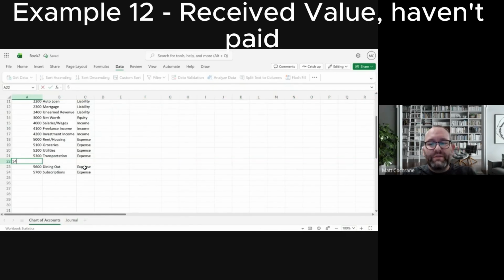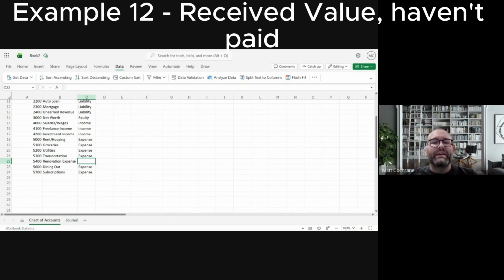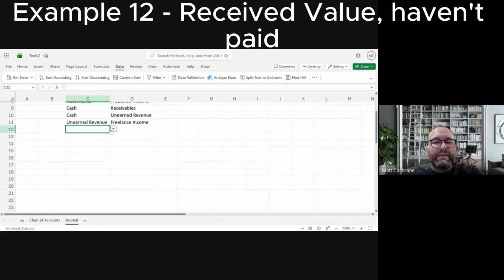We're going to call this 5,400 renovation expense. Okay, let's say some repairs that were done around the house. Okay, this is an expense. So we come back over to the journal, and now we can include that. So we come down here and we say renovation expense.